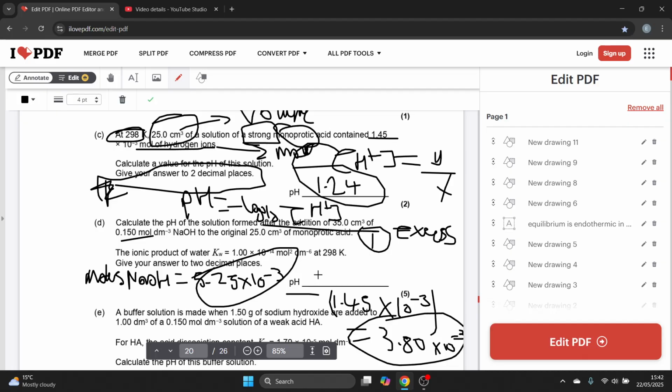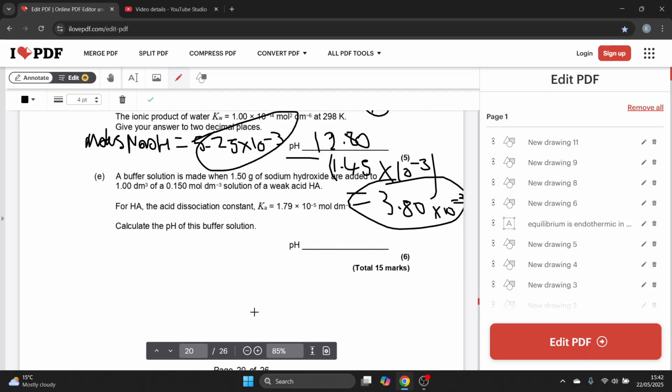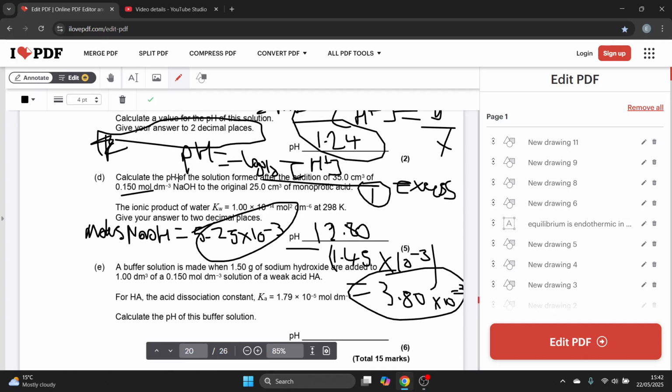And then you get pH as 12.80. The rest of it is light work for you guys. Concentration, rearrange the KW expression, find H plus, substitute it into pH equals minus log 10 of H plus. Light work. But the first part is difficult for a lot of students.